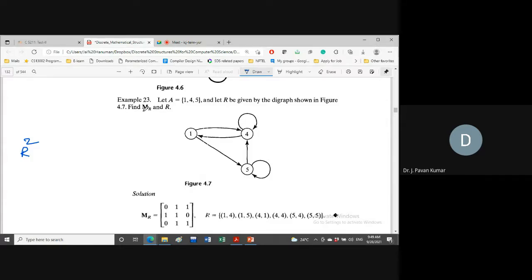Consider here MR and R. From this particular digraph, we will be having three rows, three columns. Why? Because it is defined over A itself. Then correspondingly, by seeing the directed edges, we can have ones and zeros here. Similarly, if you have an edge 1 to 4, then 1 comma 4 will be part of this R. Similarly, 1 to 5 we have directed, so we will be having 1 comma 5 as a tuple.